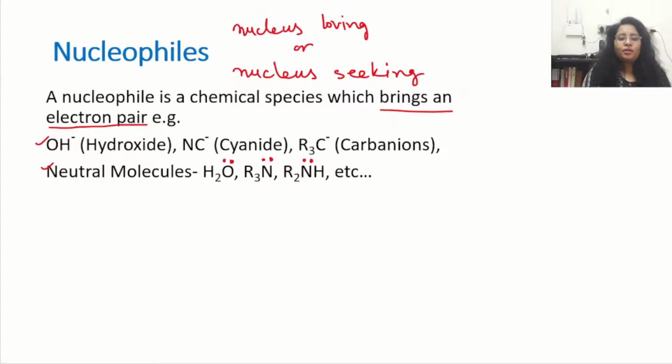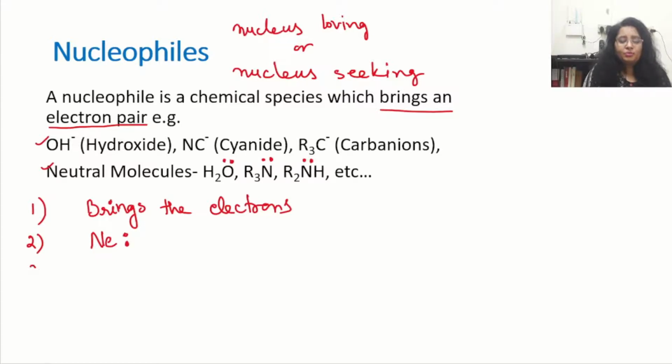Let's have a look at the properties. The first property of the nucleophile is it always brings the electrons. Second, a nucleophile is denoted by Nu and a pair of electrons. Third, these nucleophiles are always electron rich.